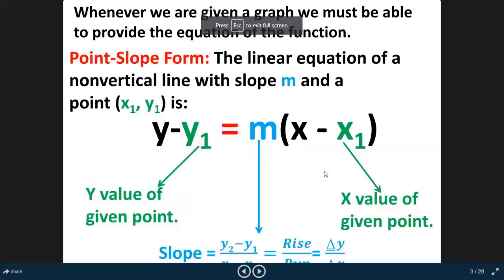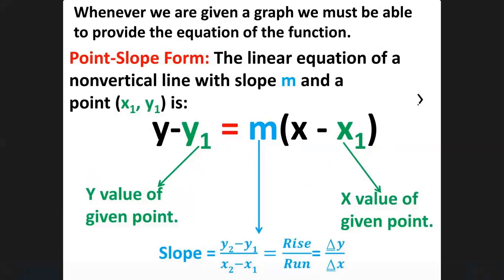In this type of equation, whenever we are given a graph, we must be able to provide the equation of the function. The point-slope form is a linear equation, because the exponent in this equation equals 1, right?